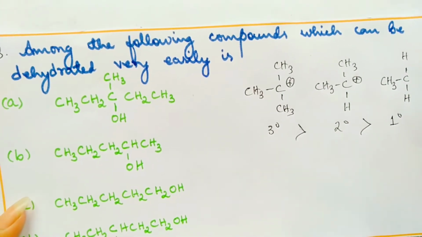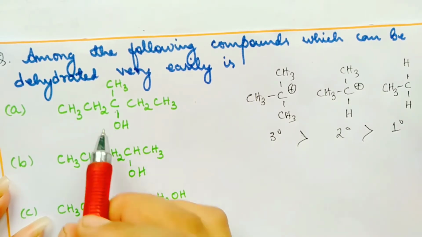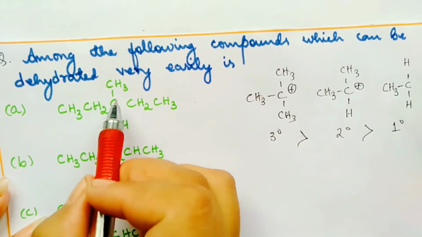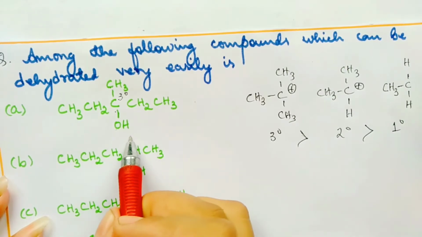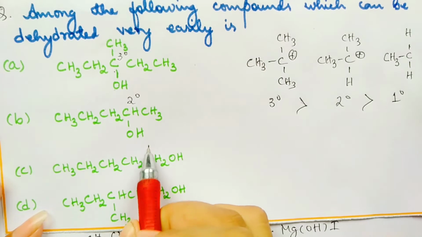So here, see here, this carbon to which the OH group is attached is further bonded to 3 carbon atoms. So this is tertiary. What about this? 1, 2, secondary. What about this? Primary.